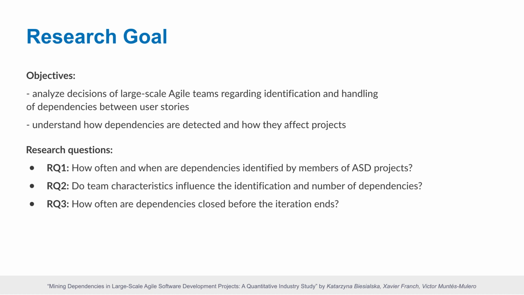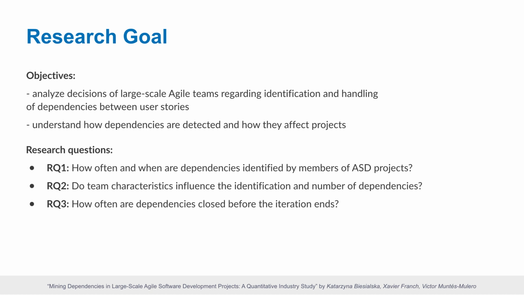The first one is related to understanding at what stage of an iteration dependencies are identified by teams. So we try to shed light on how often teams declare dependencies and when it happens.